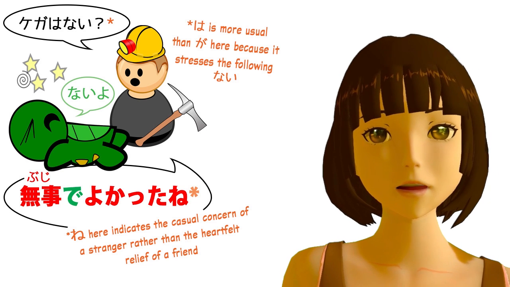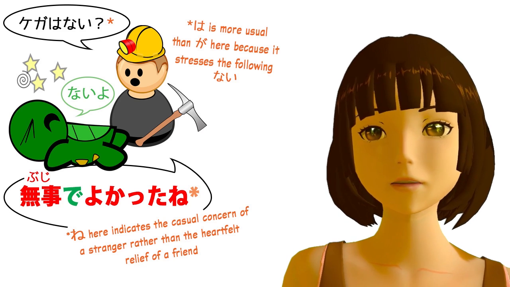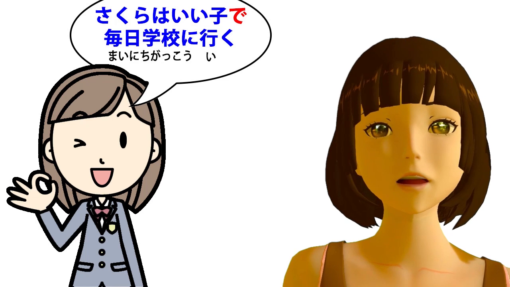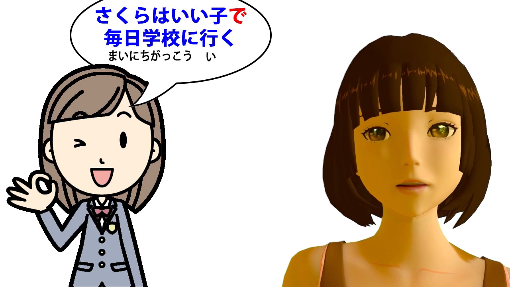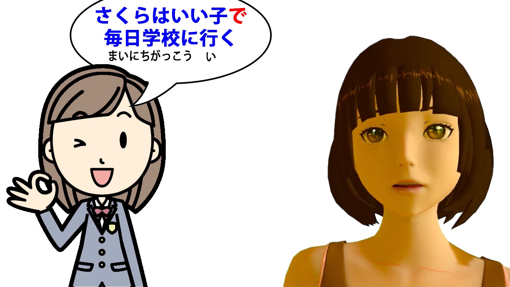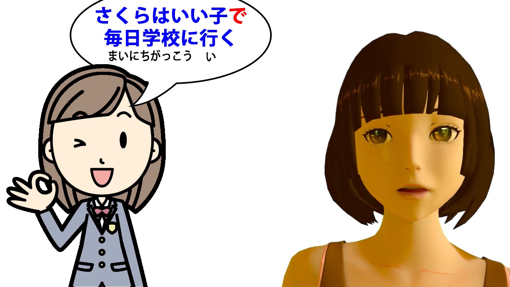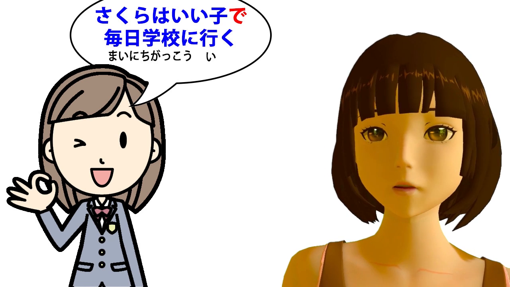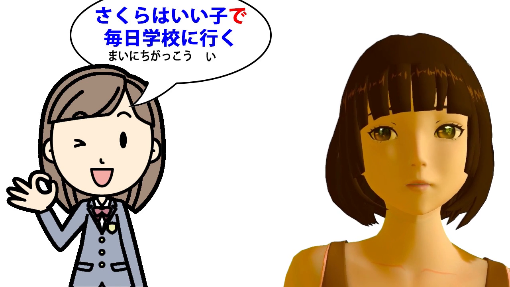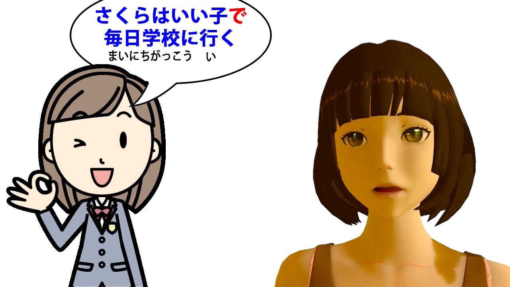And this connective te form is also used in longer compound sentences. So, for example, we might say, Sakura wa iko de mainichi gakkou ni iku. Sakura is a good child, and she goes to school every day. We have two complete clauses, and just as with the te form of any verb, we can use it to connect that verb-ending clause to a second clause, so we can do exactly the same thing with the copula.